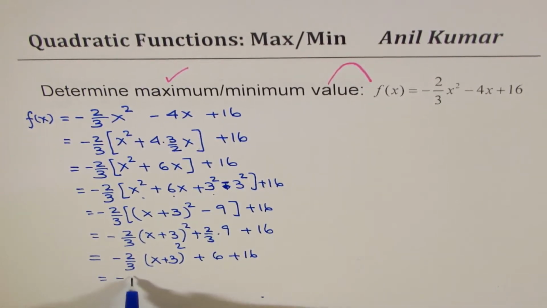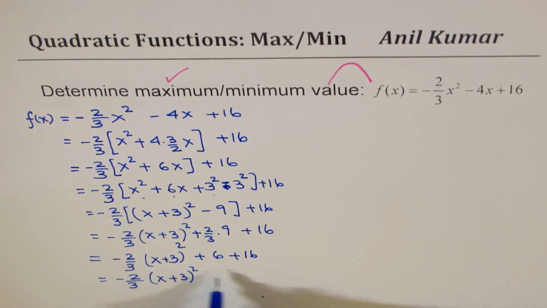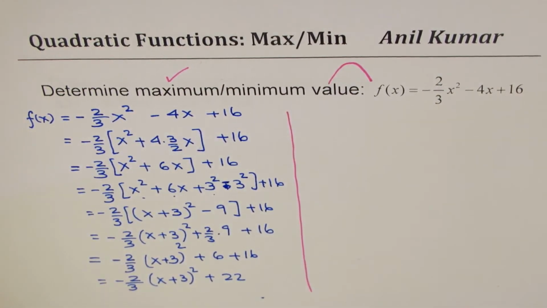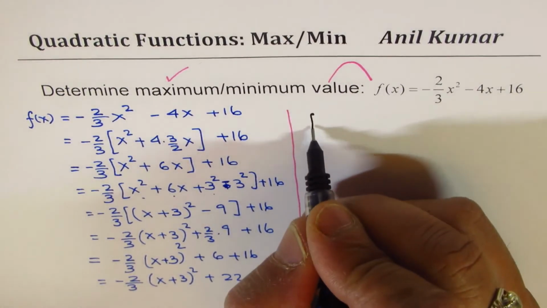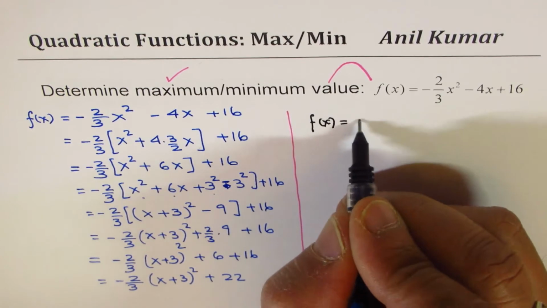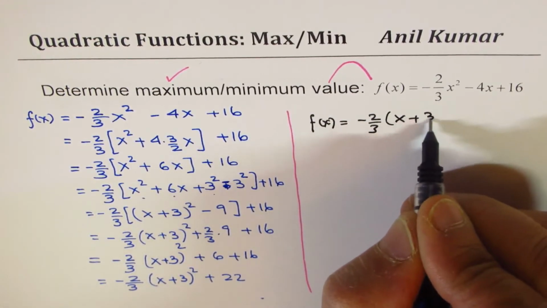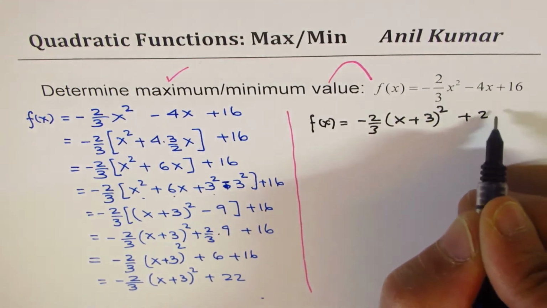And finally, we get minus 2 over 3 in vertex form, perfect. 16 plus 6 is 22. So from here, you can read and write your answer. So in the vertex form, what we get here is f of x equals minus 2 over 3 x plus 3 whole square plus 22.